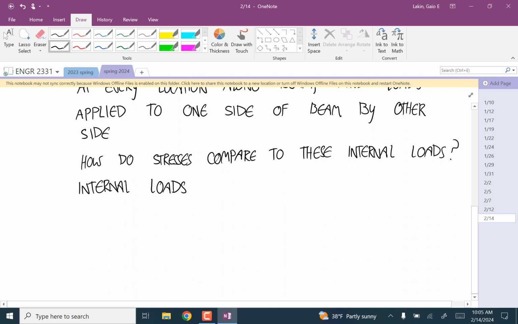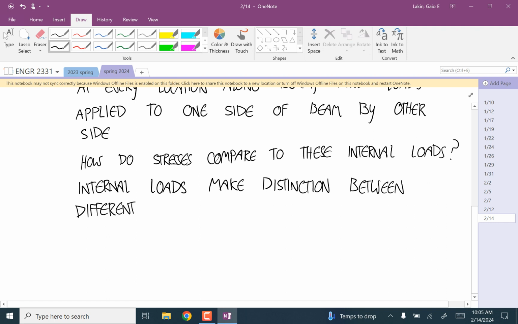Internal loads, let's say, make a distinction between different locations along the beam's long axis.